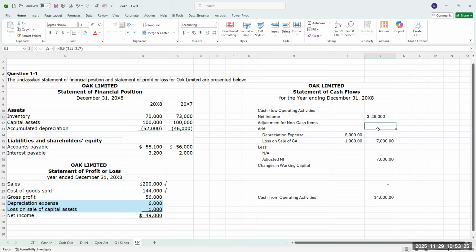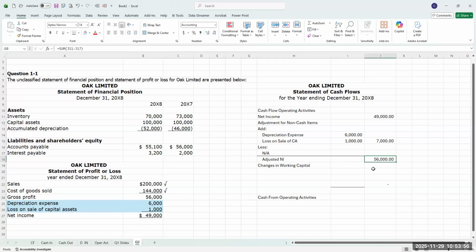Oh, that's 49,000. There you go. Our adjusted net income now is $56,000, which is our gross profit. Magically, that's how it became. It's not necessary to be like this. In this case it's just magically matching this number, but in reality that's not going to happen. So we get the adjusted net income.